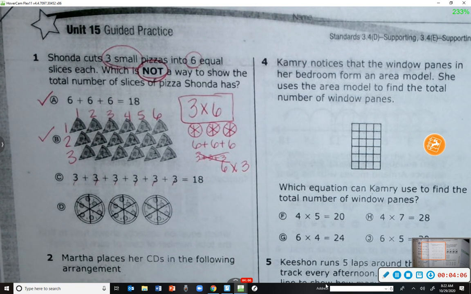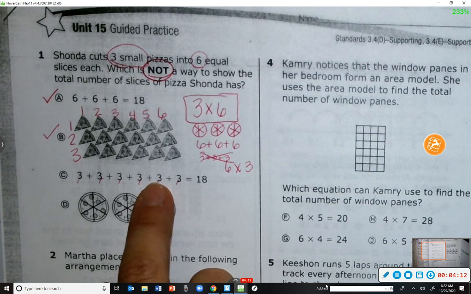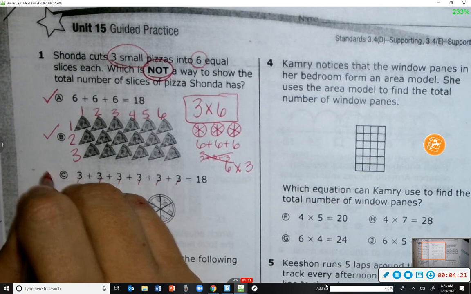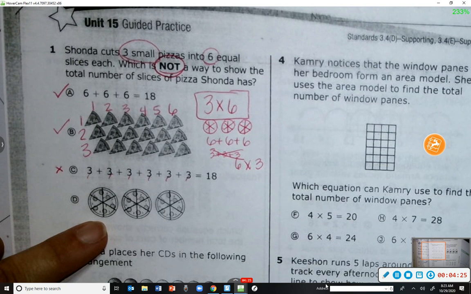Okay? So even though we could still get the correct answer, this is not showing how we would get the total. Does that make sense? Yeah. I wouldn't get the total this way. I wouldn't add up 3s. Okay? So far we're going to put a little X there, but we're going to go ahead and check the last one just to make sure.